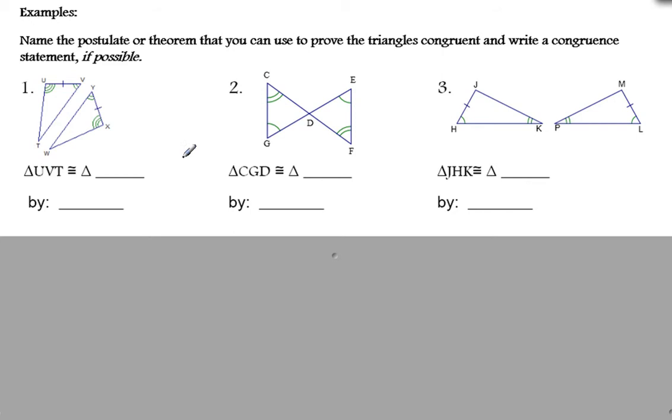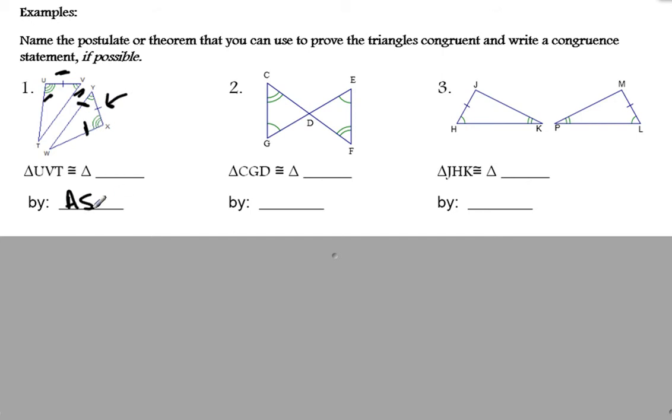Okay, so number one, first look to see if there's anything we can mark on our picture. And we don't have any shared sides, we don't have any angle bisectors or anything like that. So we're going to name the postulate or theorem that we can use to prove the triangles are congruent, and then write a congruent statement if they are in fact congruent. So here we have an angle, an included side, and an angle, congruent to an angle, an included side, and an angle.